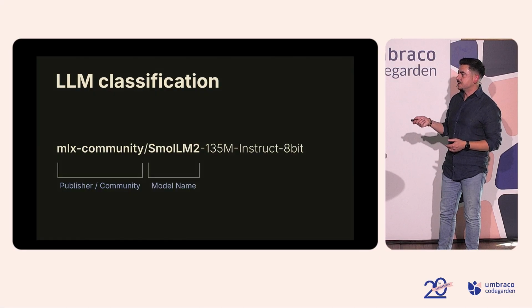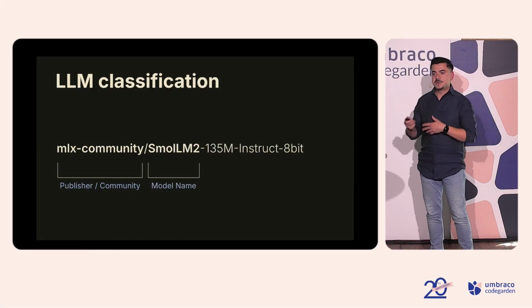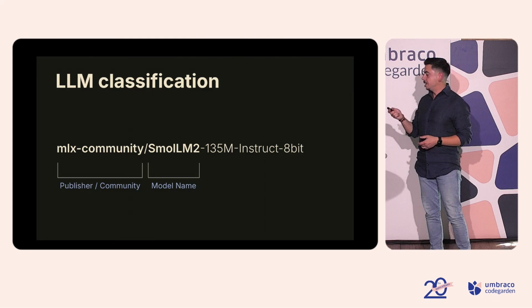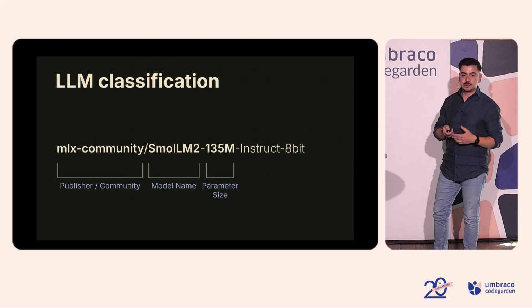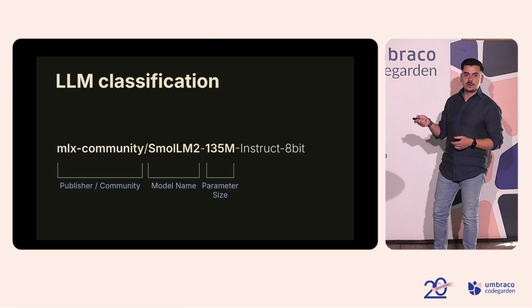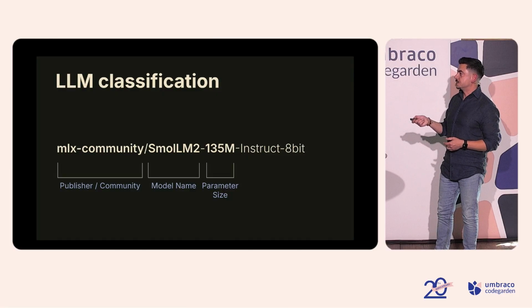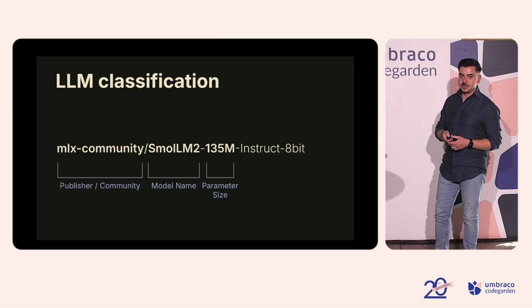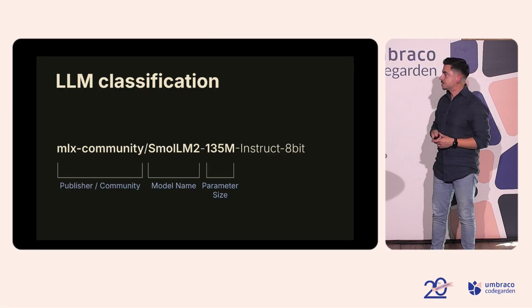The next phrase is the model name. This typically also has the model's version. And the next one is the parameter size. So this is exactly the model that we seen on the demo of iPhone. So it was generating the text on the iPhone. So it's quite small compared to billion parameters of models.